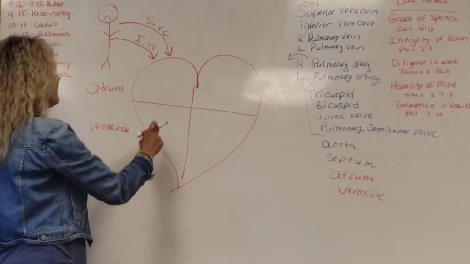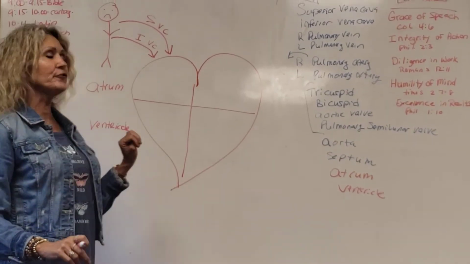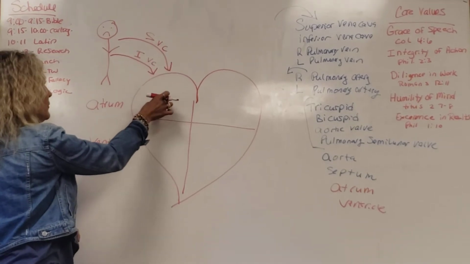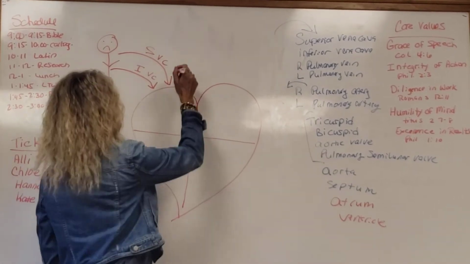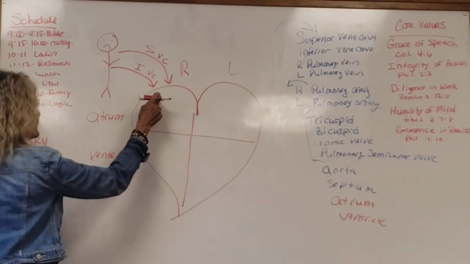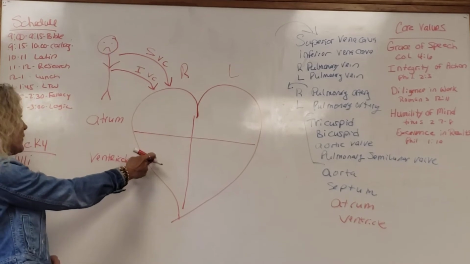So we have a right atrium and a left atrium. We have a right ventricle and a left ventricle. So the blood enters through the right atrium and goes down to the right ventricle.